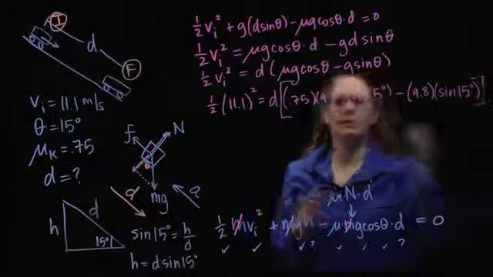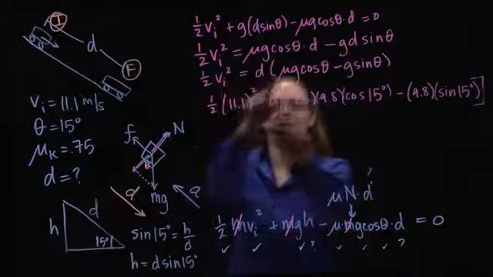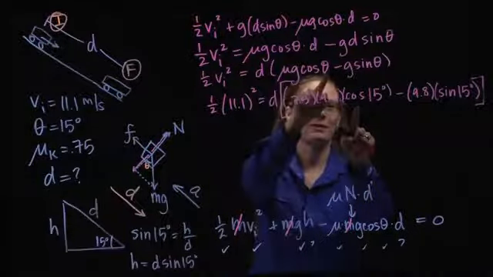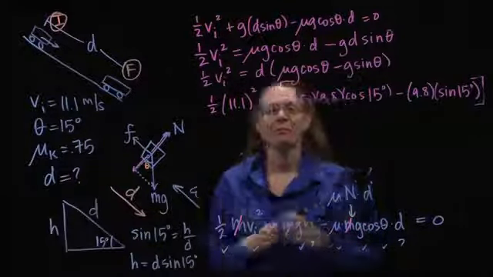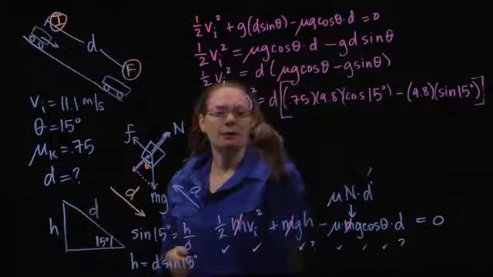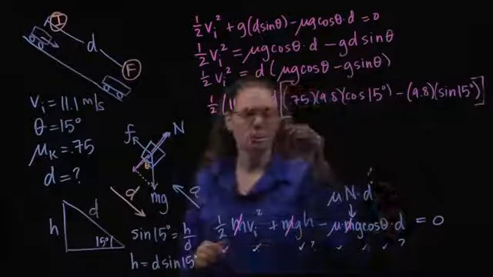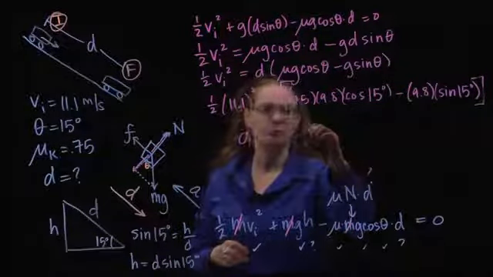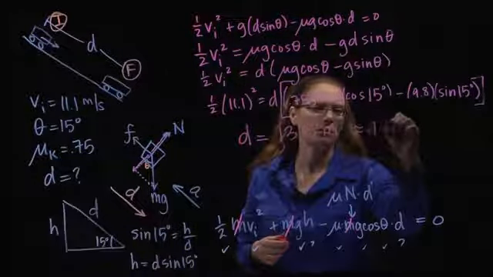And it never hurts to just verify that you have all your terms, 2 terms, okay, d mu g cosine theta, g sine theta. There's a lot of things in here. And if you do that, you can solve for d, and I get 13.5 meters. So that's about 45 feet.